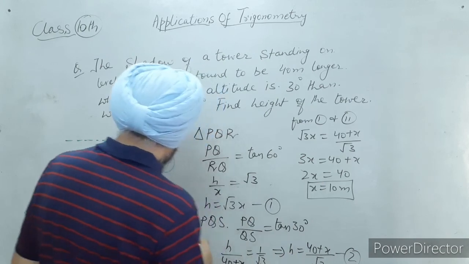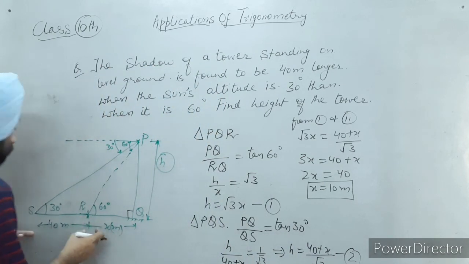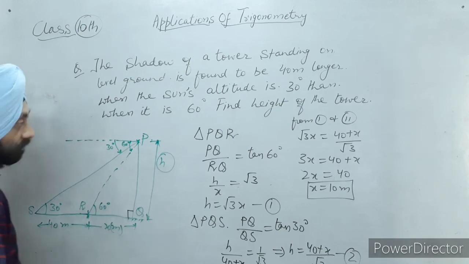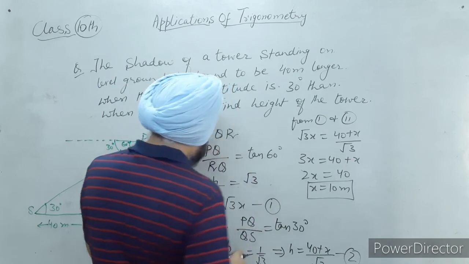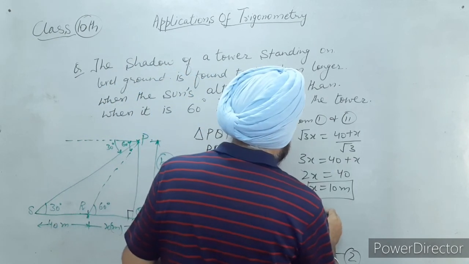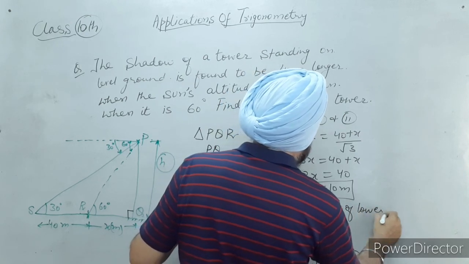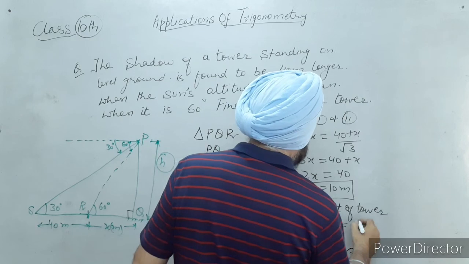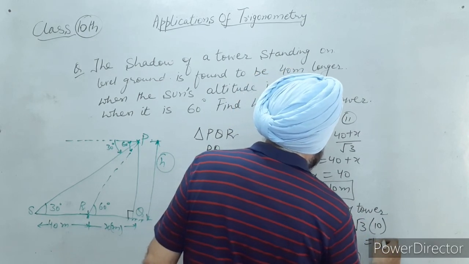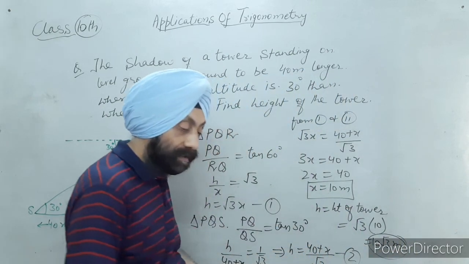Once I get x, initially the shadow was 10 meters, it increased by 40 meters. Now height of the tower, I can put the value of x over here, therefore H, height of the tower, is under root 3 times x, x is 10, that is 10 under root 3 meters.